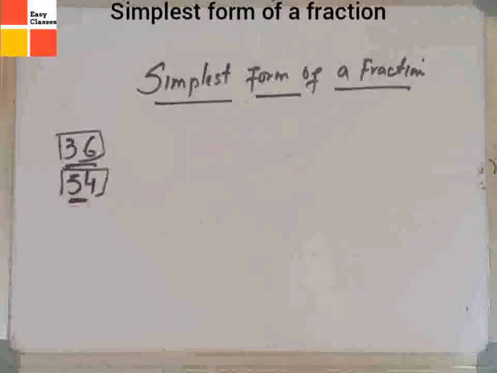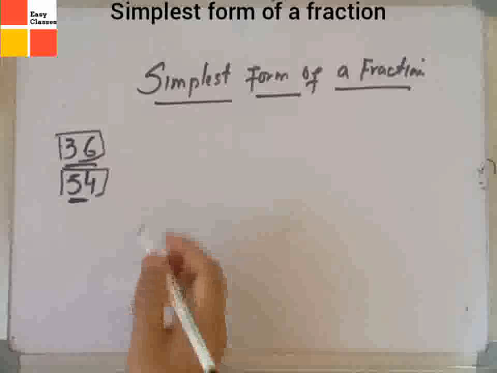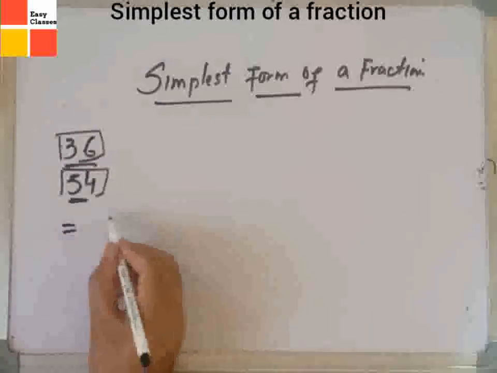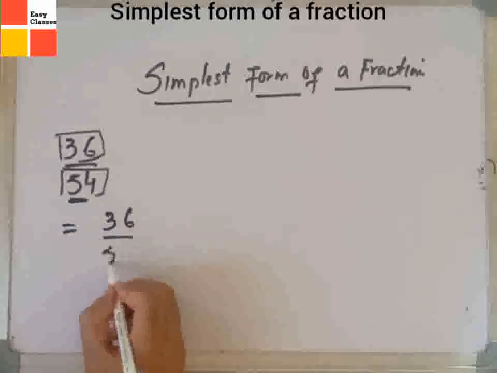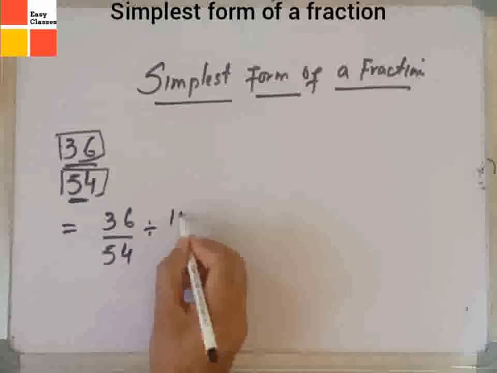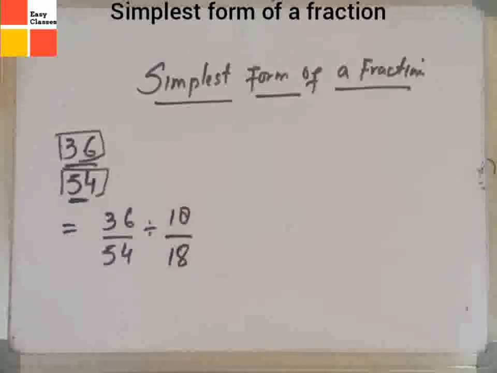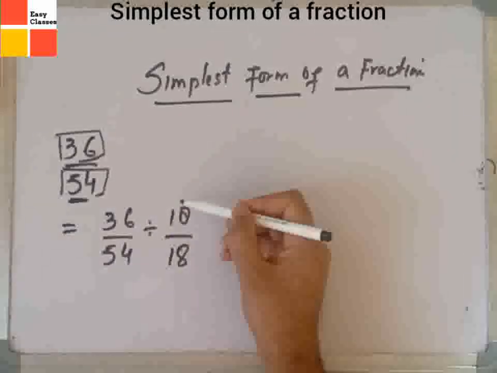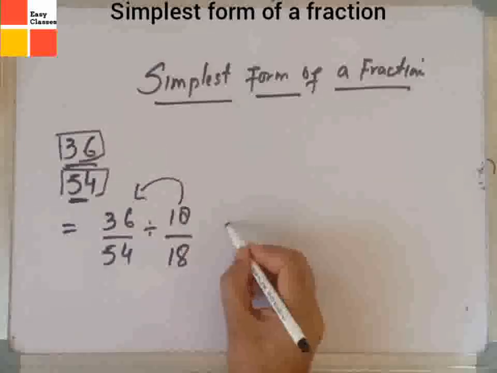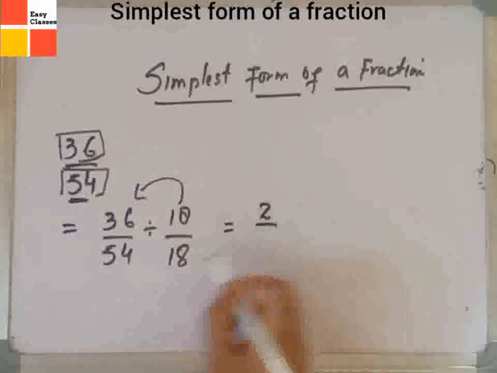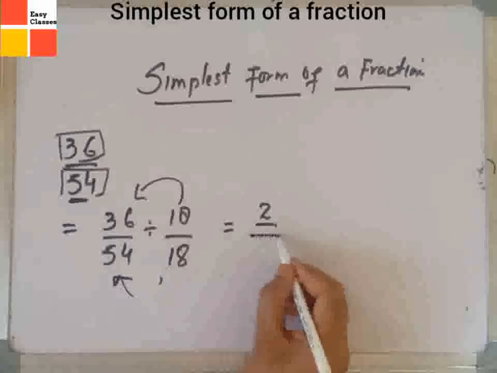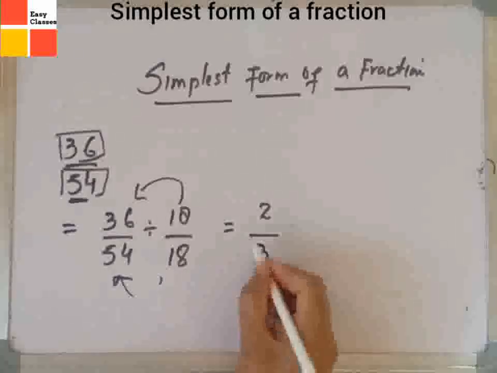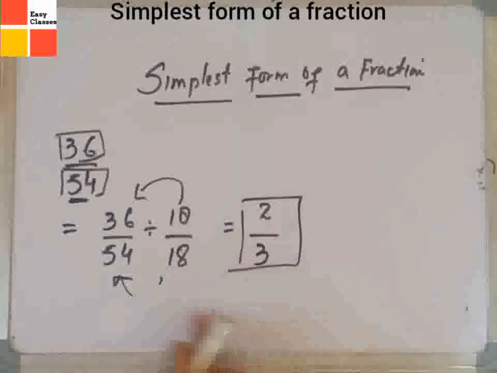We can write it like this: 36 divided by 18, 54 divided by 18. Then we know that 18 2s are 36 and 18 3s are 54.